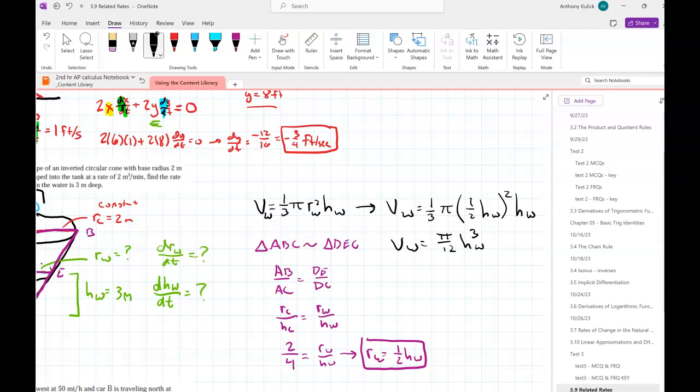Until we have a rate equation, that time where the height is 3 doesn't matter. Yes, you're right. Now I get it. Okay, now we'll do the derivative of both sides.